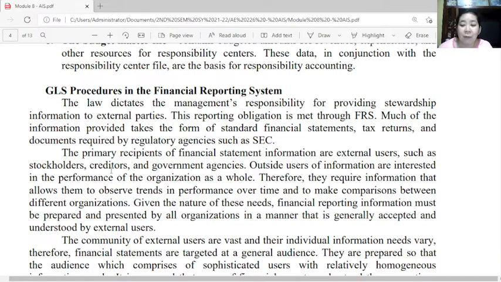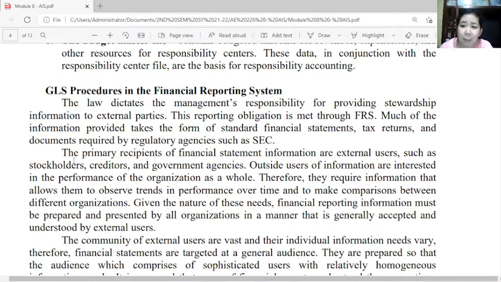For example, if the financial reports will be submitted to government regulatory agencies, it is the responsibility of the management to provide stewardship and reliable financial information, free from material misstatements, to those agencies and other users as well. This reporting obligation is met through the financial reporting system.